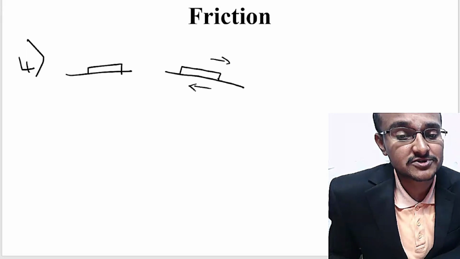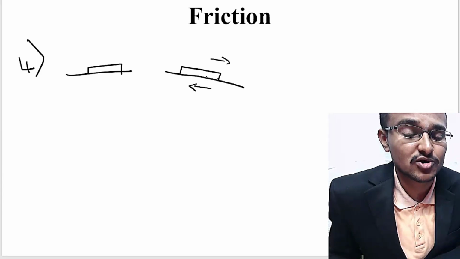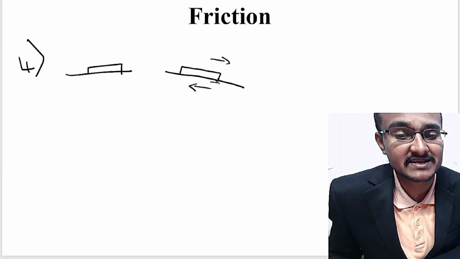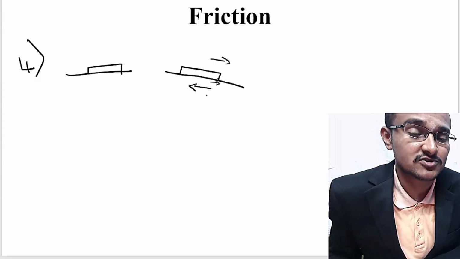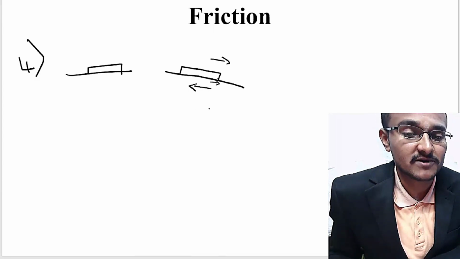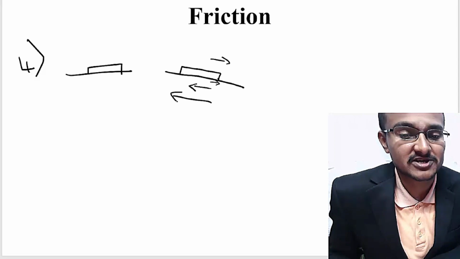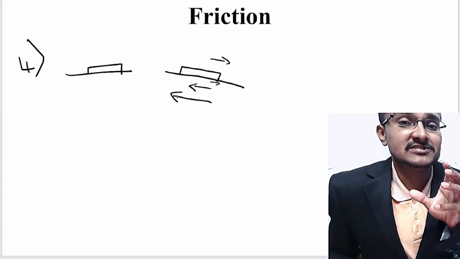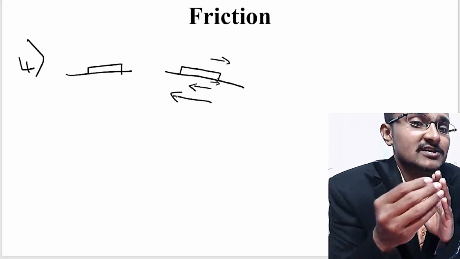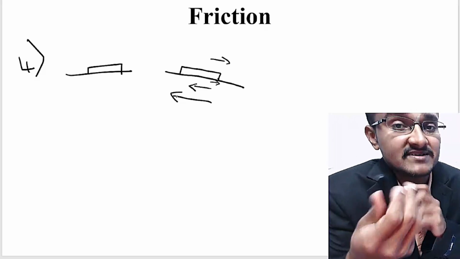Hence, the frictional force applied on this object will be in this direction, and the frictional force applied by the book on this table will be in this direction. If you consider the frictional force acting by the table on the book, then that will be in this direction. It all depends on which object you are choosing to decide the friction.